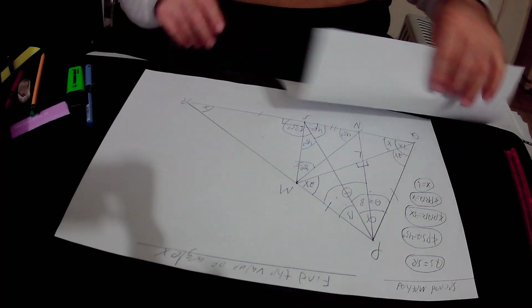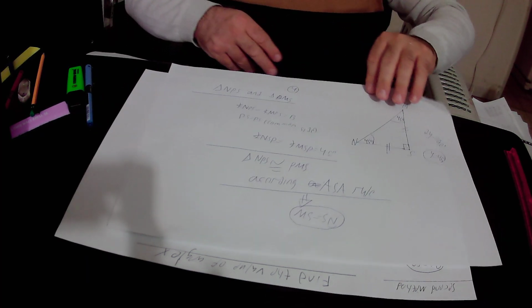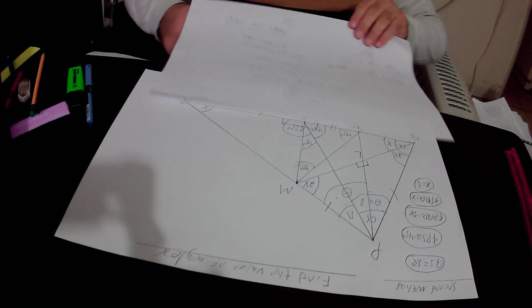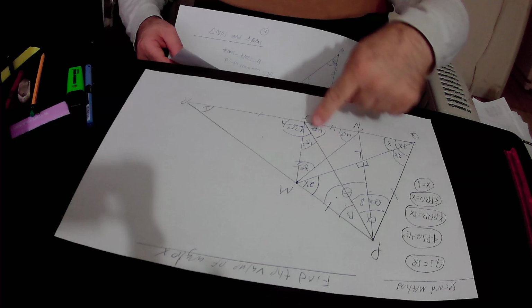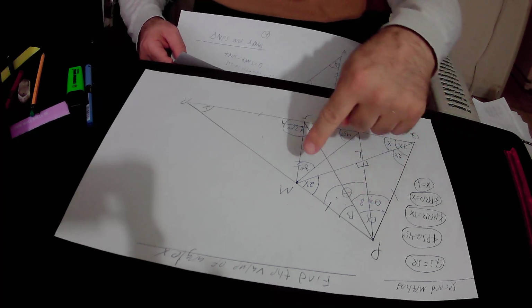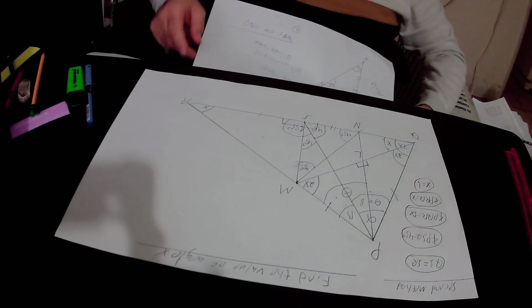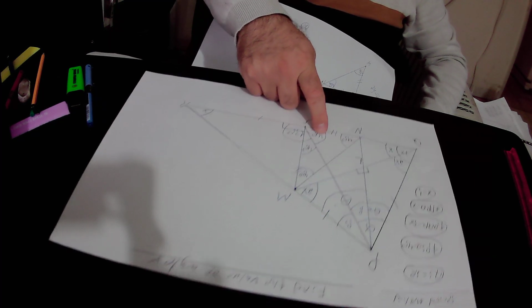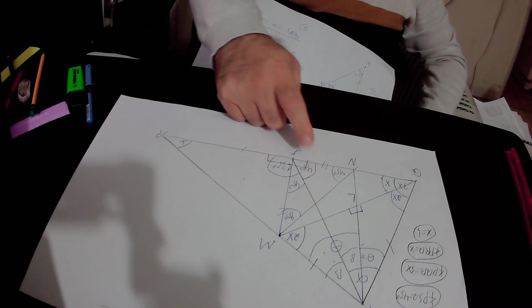And we proved that triangle NPS is congruent to triangle PMS. First of all, it is given in the question that this angle equals 45 degrees.